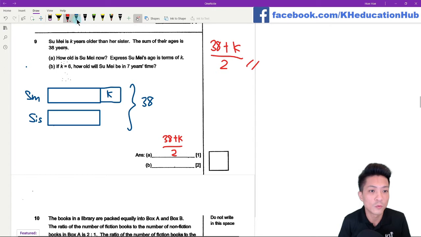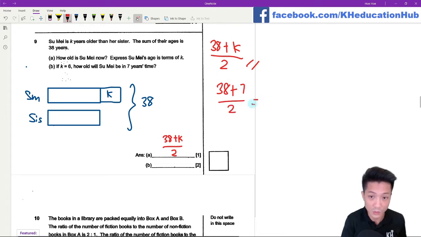Now let's move on to part B. If K is equal to 6, how old will Sumei be in 7 years' time? So we're going to find what is her age now. That would be 38 plus 6 over 2.